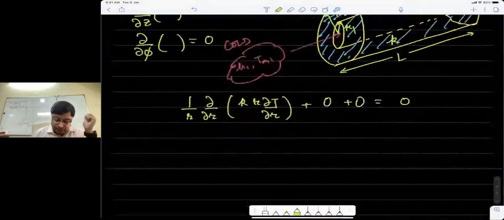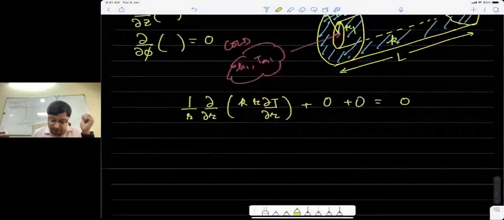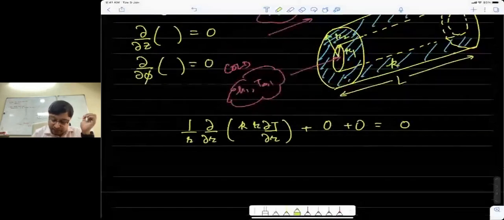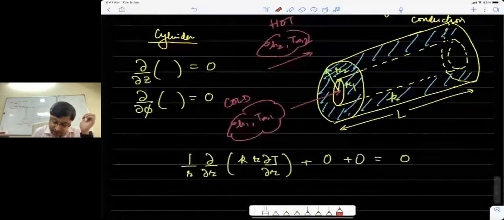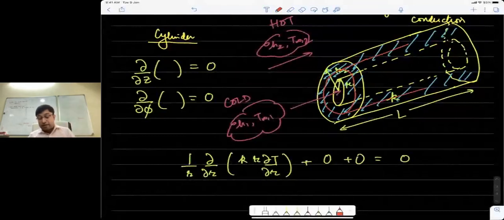And at this point, let me also say that at any cross section in this cylinder, if I take any section at some distance r, I should not say cross section again, cross section would mean something else. I should say the surface area.